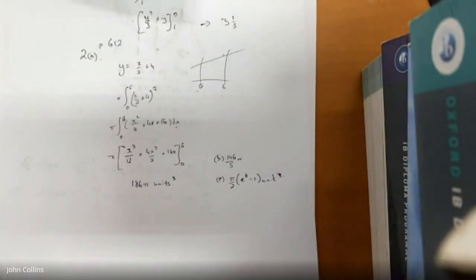Well, I don't know if it goes to the same thing, but I got like 1490 pi units squared. 1490 pi. Might be. Doesn't seem beyond the realms.